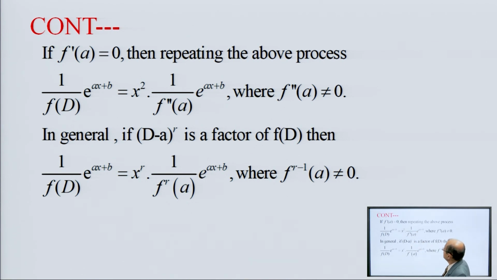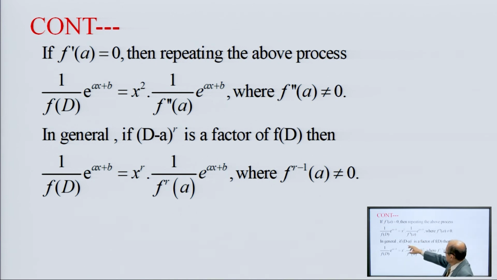If f dash(a) is equal to 0, then repeating the above process, 1 by f(D) e^(ax+b) is equal to x square into 1 by f double dash(a) e^(ax+b), when f double dash(a) is not equal to 0.